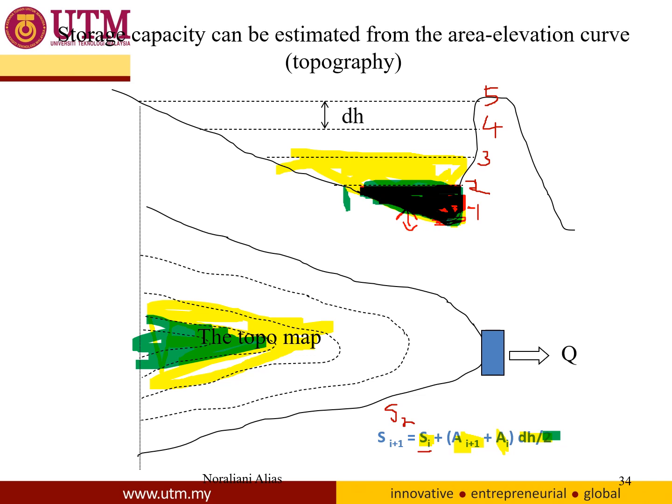Then you will get the whole storage S3. So that is the concept. They already give you area 1, area 2, and area 3, so you can calculate and get the relationship.